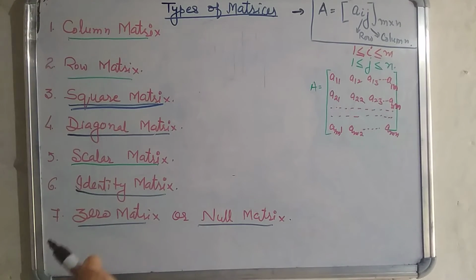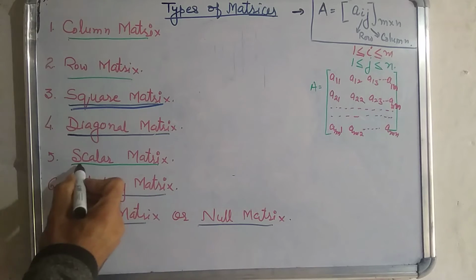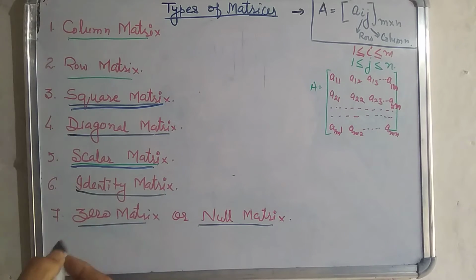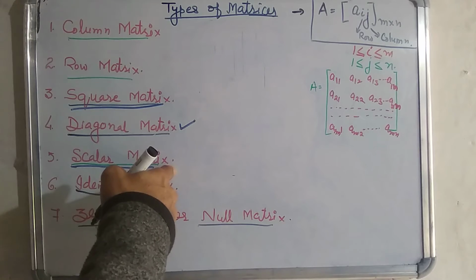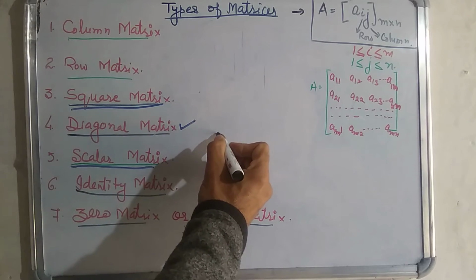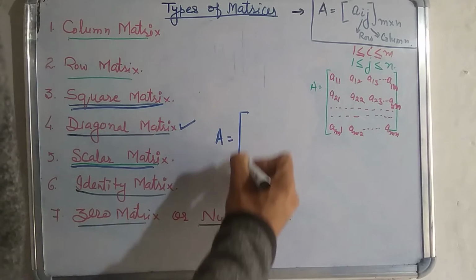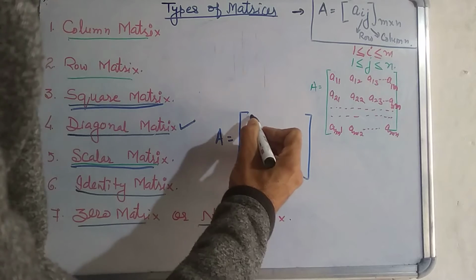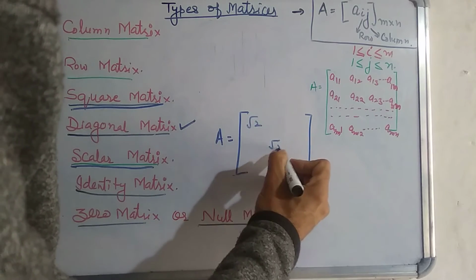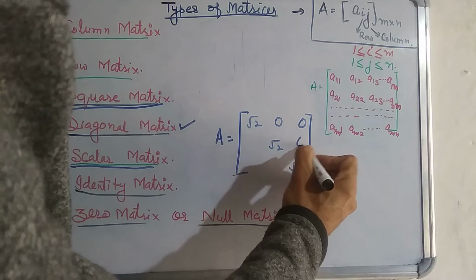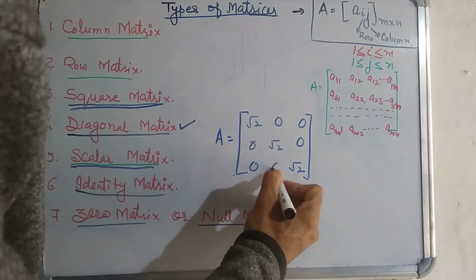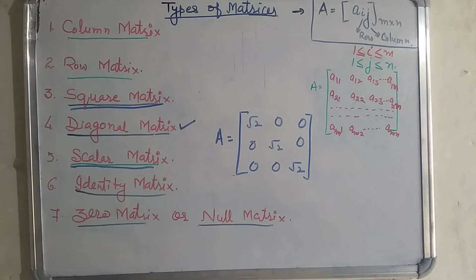Next matrix is a scalar matrix. A diagonal matrix is called a scalar matrix if all the diagonal elements are equal. See here, root 2, root 2, root 2 on the diagonal, and all the non-diagonal elements are zeros.